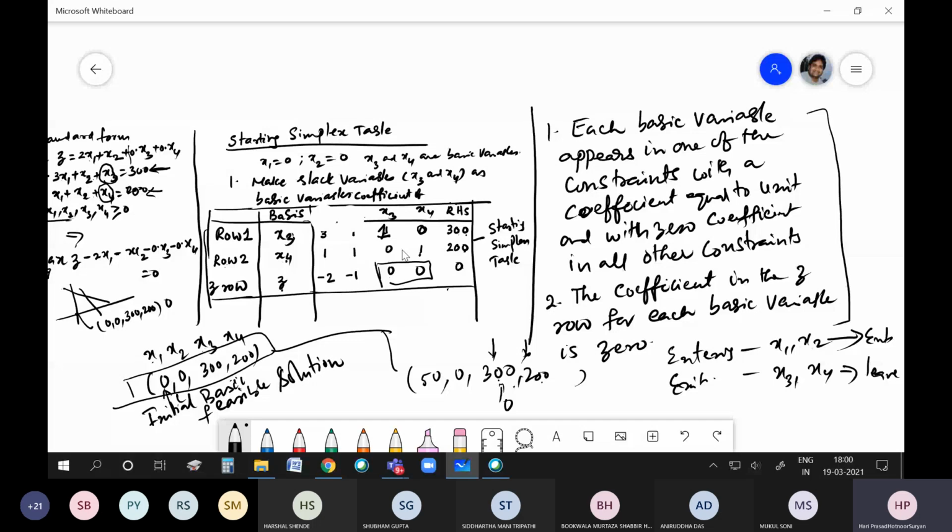Our objective should be such that by entering either x1 or x2, I should maximize my function in the best possible way. So which one should go in, x2 or x1? Think it over. We'll just continue that in the next class.